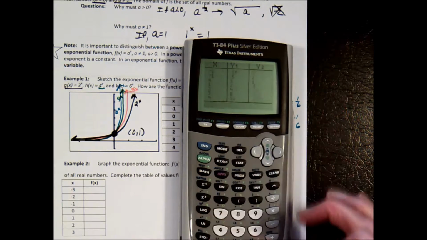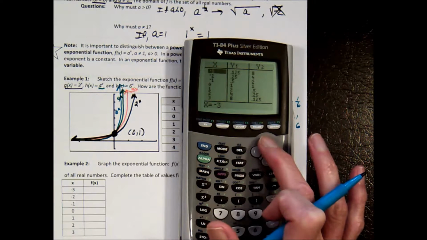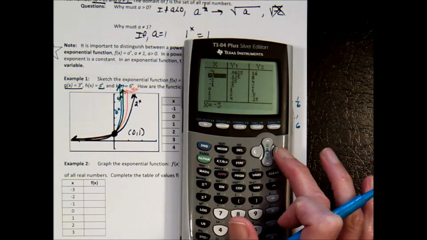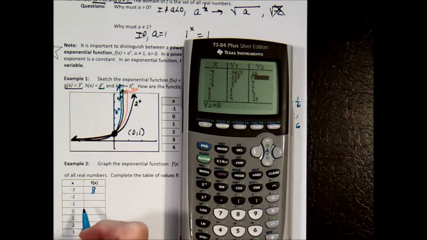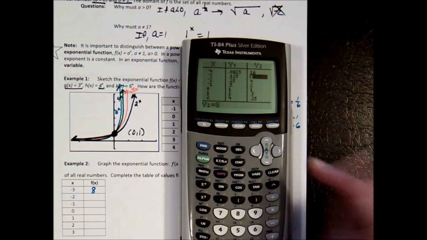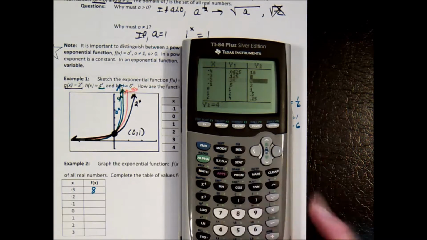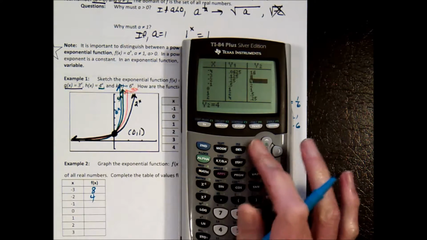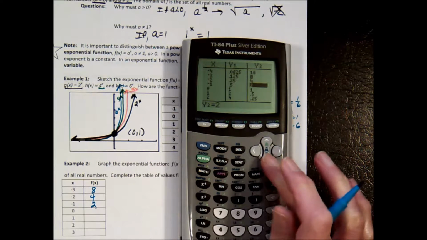So I should be able to see x is negative. Yeah, there we go. X is -3, y is 8. X is -2, y is 4. X is -1, y is 2. X is 0.